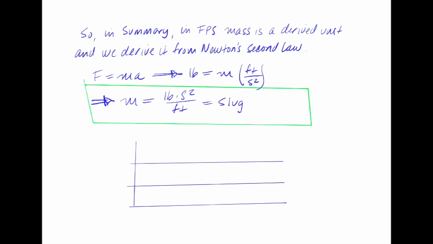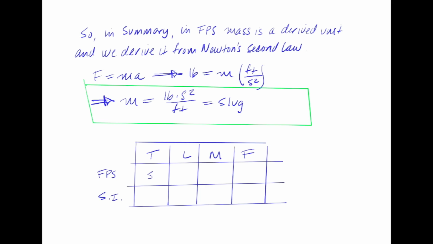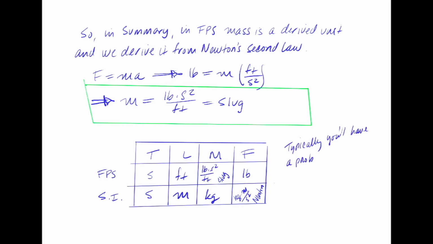So we have 1 pound equals mass times acceleration, which we say is feet per second squared, and we solve for m, and we get that the mass unit is pound second squared per foot, and we call that unit a slug.